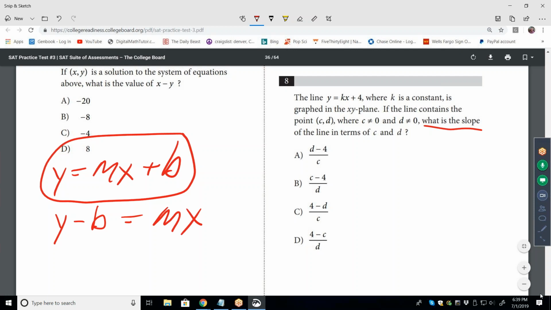Okay. Now remember, I'm solving for m. What do I do next? Okay, what do we have to get rid of if I'm solving for m?